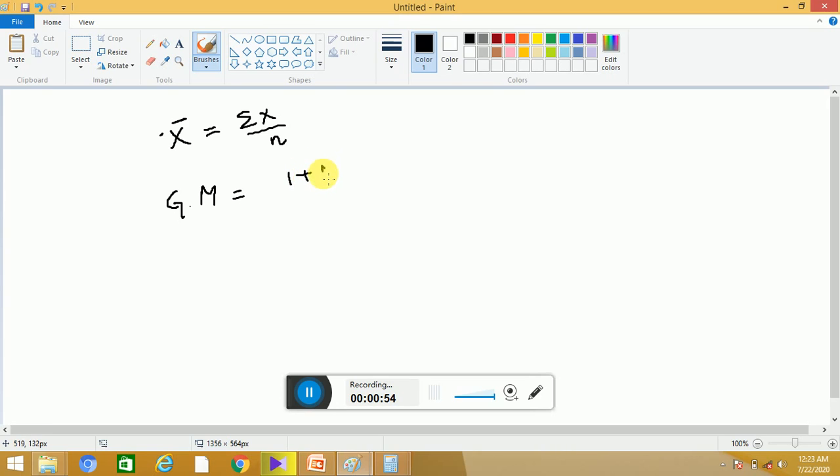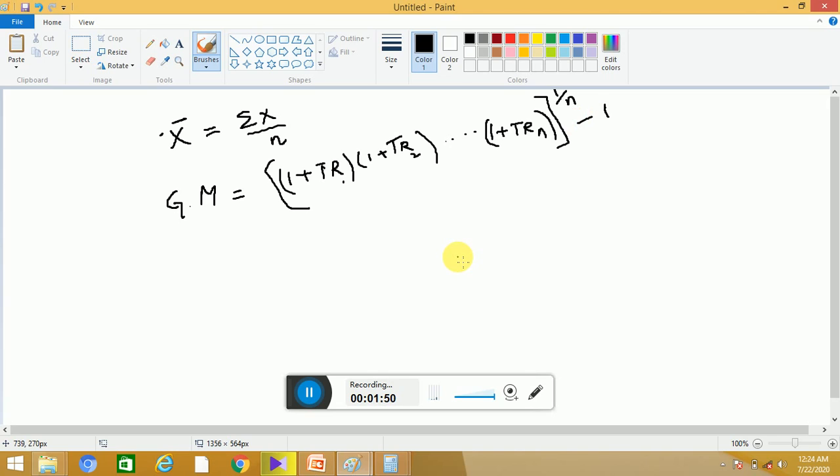1 plus total return 1, multiplied by 1 plus total return 2, and so on, up to 1 plus total return n, then bracket close, raised to the power 1 divided by n, minus 1.